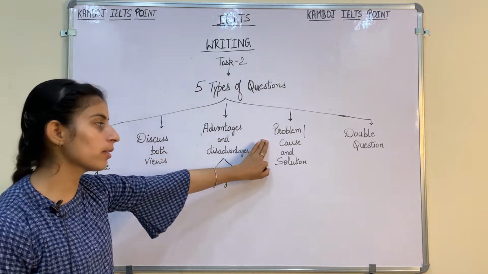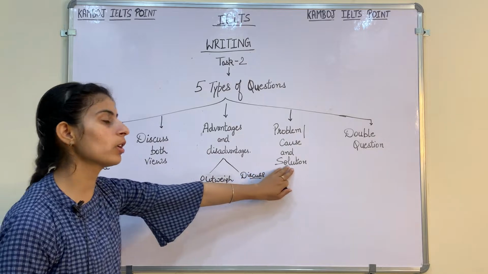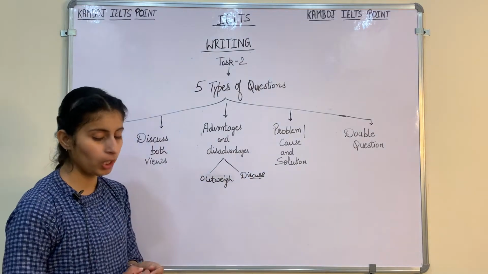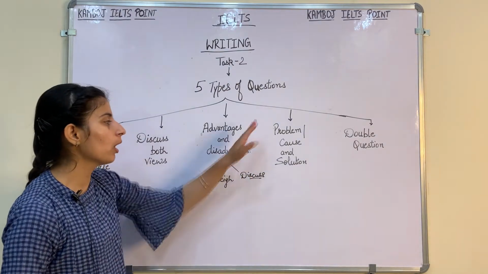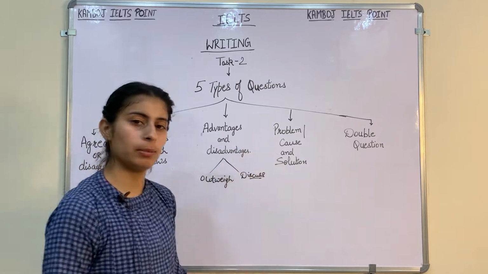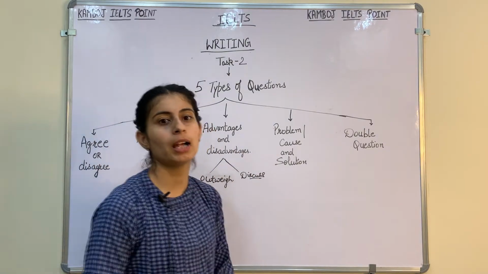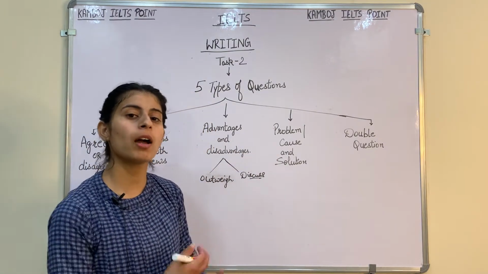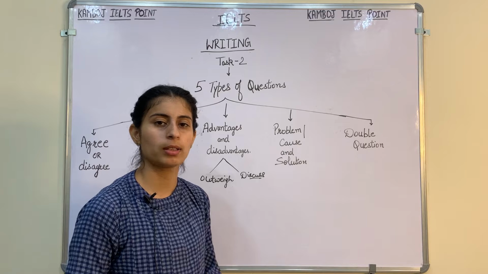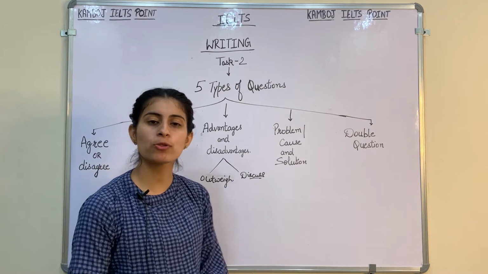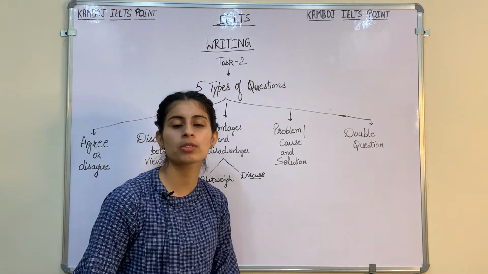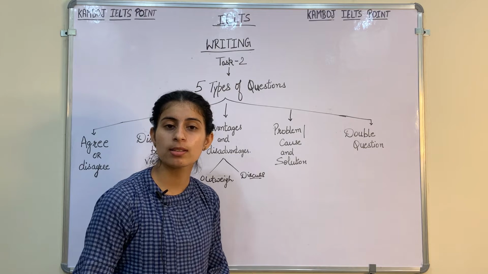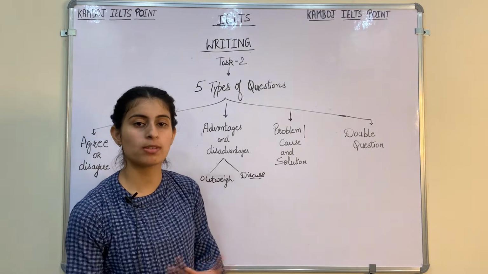The fourth one is problem, cause and solution type of question. In this type of question, you will get a statement. Then they will ask what are the causes and what are the solutions for this. I can give an example: most students love to read e-books, what are the reasons or what are the solutions for this?